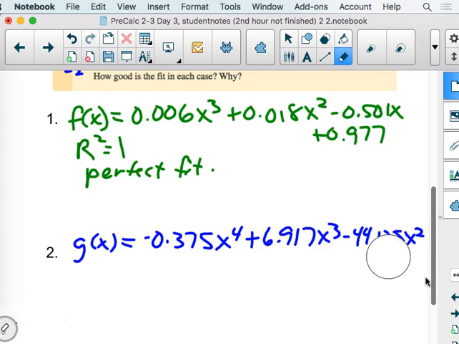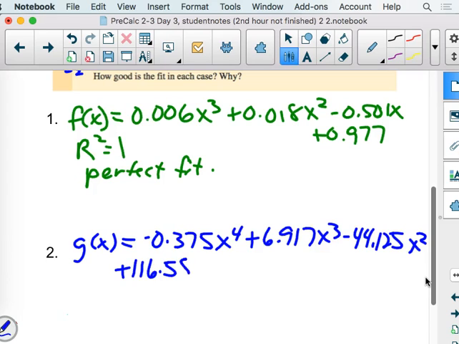Oops. That big blob almost looked like this. And then we had plus 116.583x and a perfect minus 1.